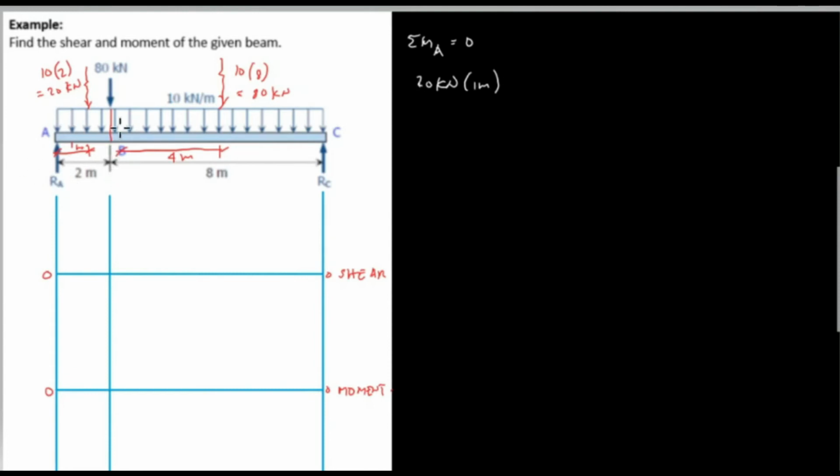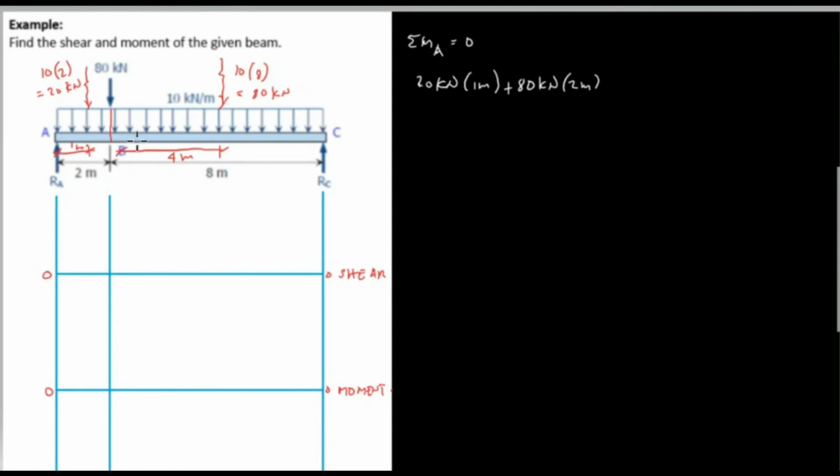At point B, we have a concentrated load of 80 kilonewton. So 80 kilonewton, and the distance from B to A is 2 meters. And the direction of 80 kilonewtons is downward, and it is clockwise direction, therefore it is positive sign.